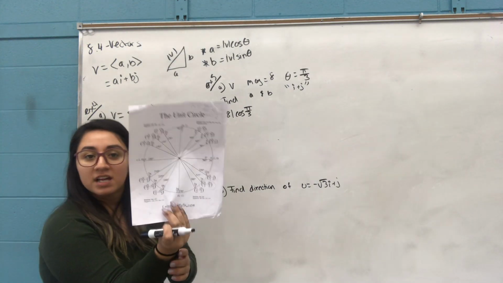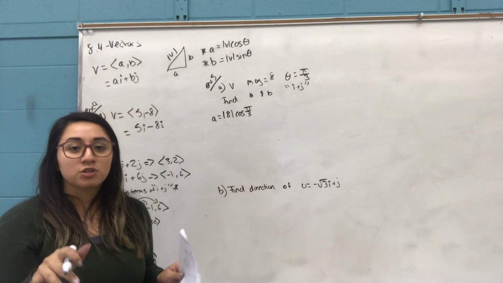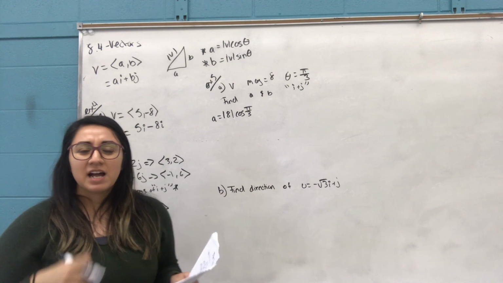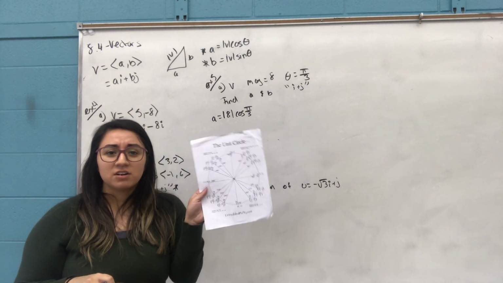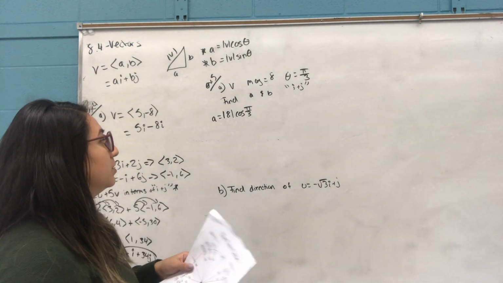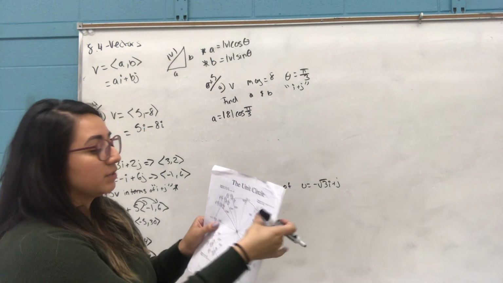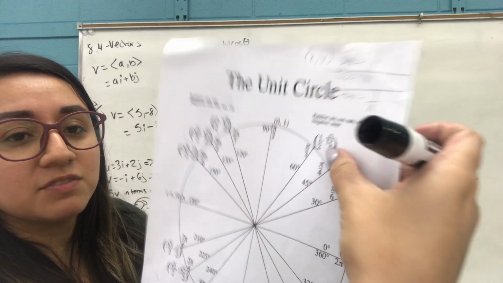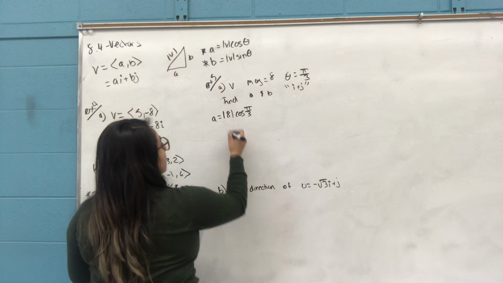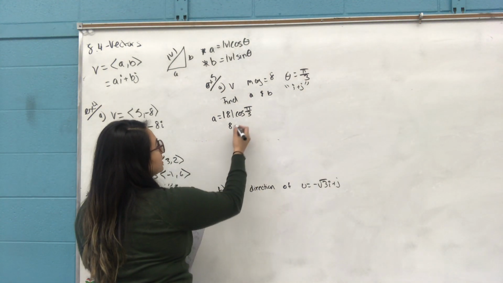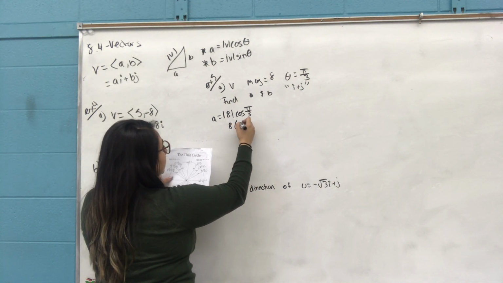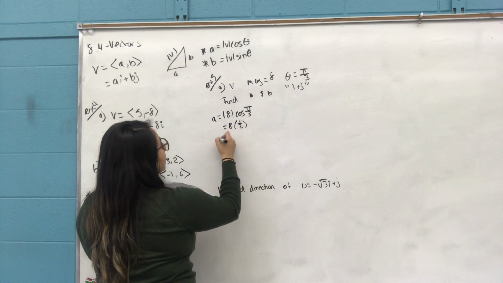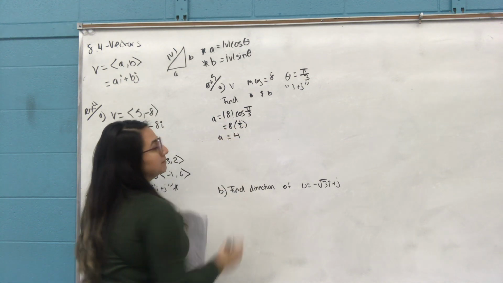If you use your chart right here, you don't even have to use your calculator. I wouldn't recommend calculators. If it's in here, I would just use this because it's in fractional form. So cosine of pi over 3 is 1/2, so it's right here. That's considered 60 degrees. So the absolute value of 8 is 8. Cosine of pi over 3 is actually 1/2, and a is equal to 4.